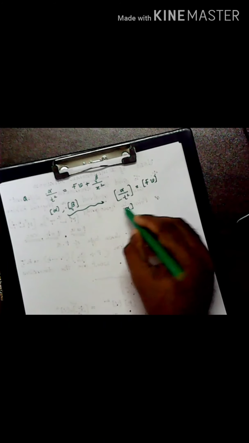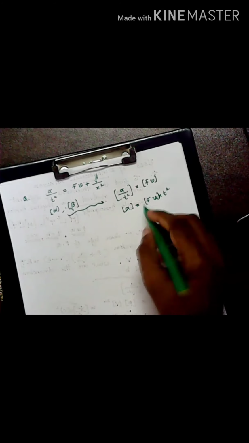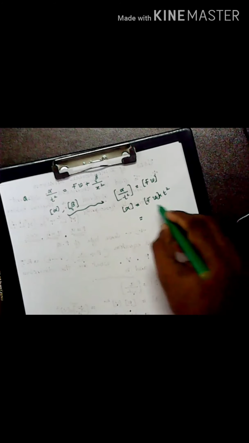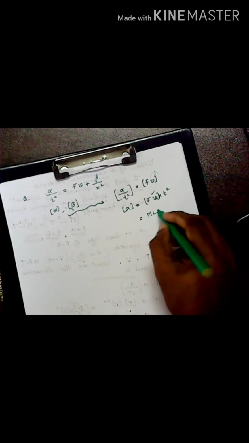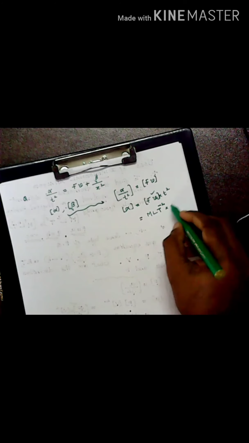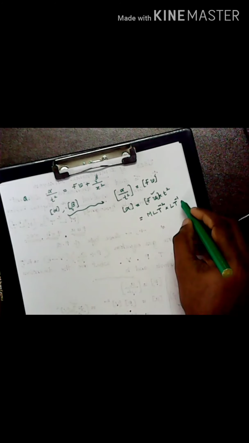Therefore, the dimension of alpha is equal to fv into t square. So that is equal to the dimension for f, that is m L t raised to minus 2, into the velocity L t raised to minus 1, into t square.